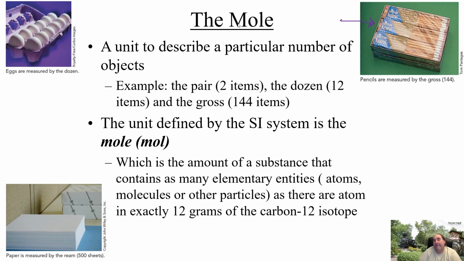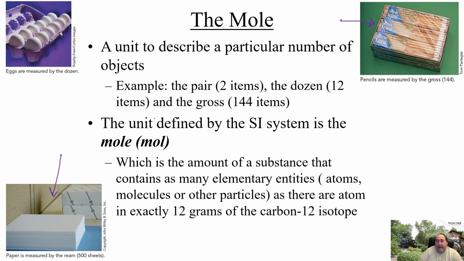They come in a gross, which represents 144. Also, maybe you've purchased a ream of paper, and typically a ream of paper is 500 sheets. So in life, we have a lot of words that represent a certain amount of whatever you may be talking about. And in chemistry, it is the mole that is that word that represents a certain amount.